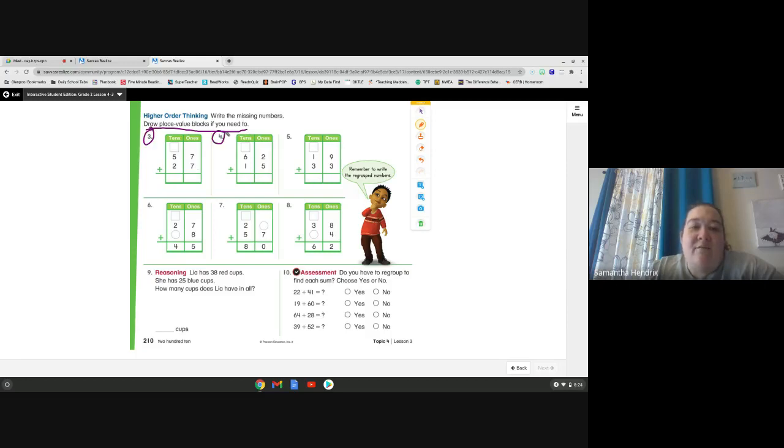3, 4, 5. Ooh, let's look at this. Okay, here's our sum. Here's one add-in. It wants us to find this one. So you just have to step it out. What's 7 plus 8? Here's a 5. I know it's going to be more than 10. So it's 15. 7 plus 8 is 15.